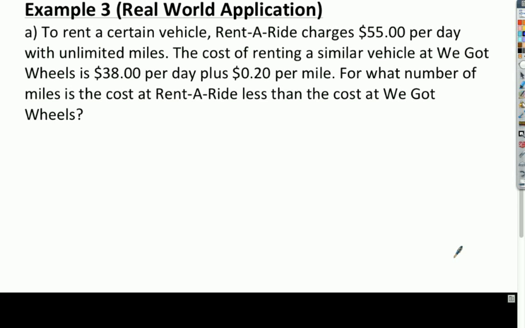New rapid fire question. I'm going to rent a car for one day. I'm going to drive exactly 10 miles. 10 miles exactly. Which place should I rent the car from? Andrew, what do you think? We Got Wheels. Okay, Briante, what did you think? You agree with him?